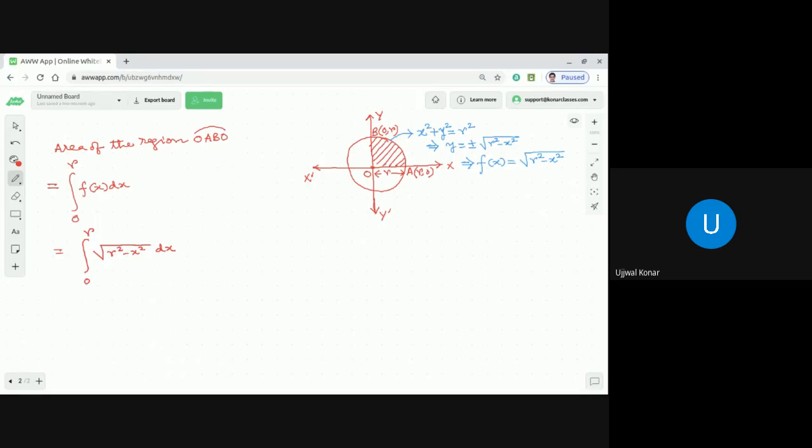Now can you please find the value of this integral, square root of a square minus x square dx? Devanshu, I want to know from you what is the formula for square root of a square minus x square dx.